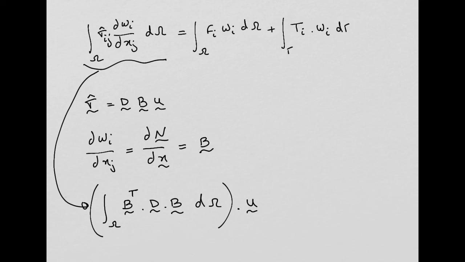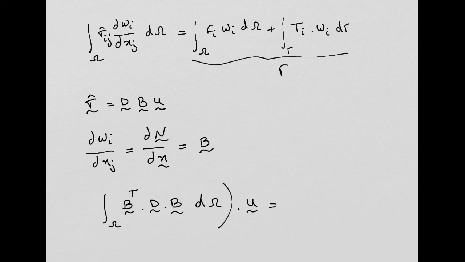So this integral is done, the integral on the left hand side. Now the integral on the right hand side is going to be my force vector F. But I will put it here in a different way.